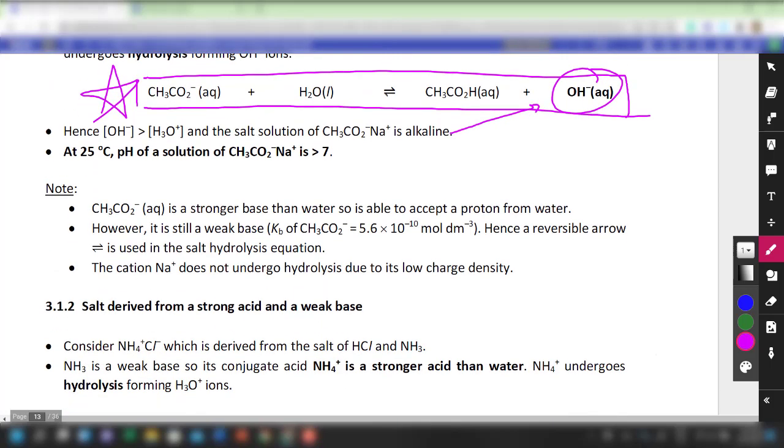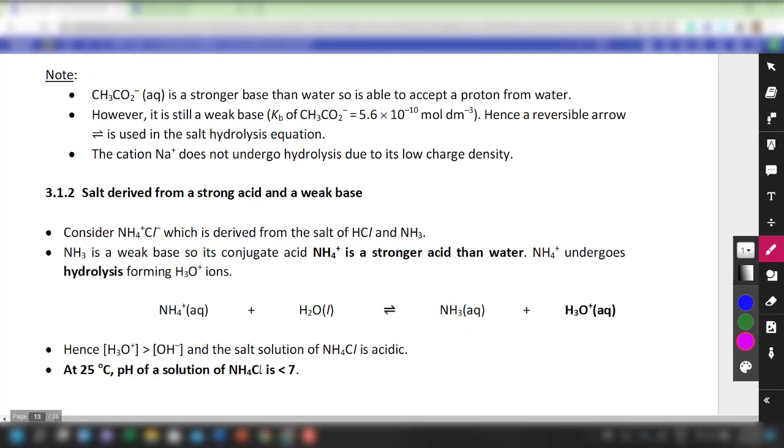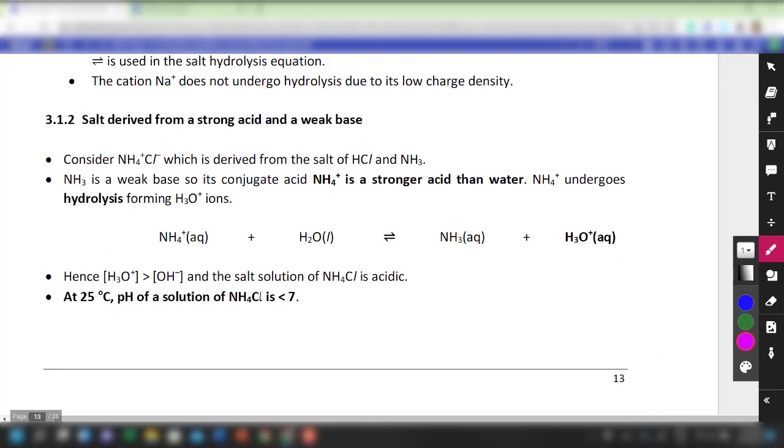Sodium plus itself does not undergo hydrolysis because of its low charge density. So for sodium ethanoate, it's quite clear cut. If you buy sodium ethanoate, the salt, and dissolve it in water, the solution will be alkaline.